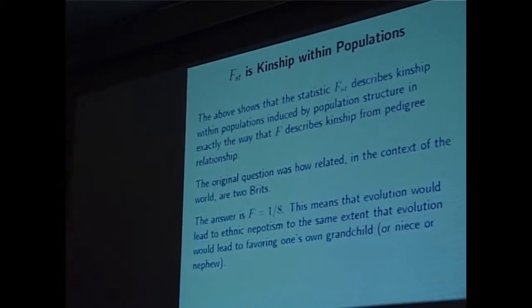Now, grandparental relationships or uncle-niece relationships are fuel for inclusive fitness. We all understand why we might favor our grandchildren. The Salter spin is that there is exactly the same fuel for ethnic nepotism.